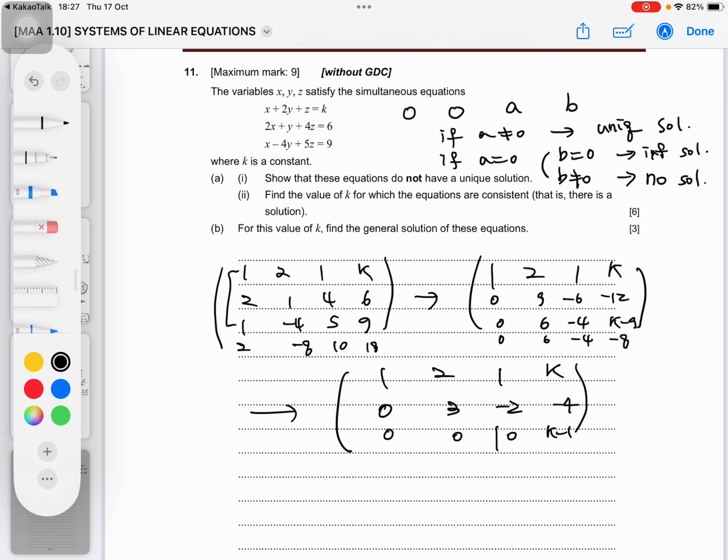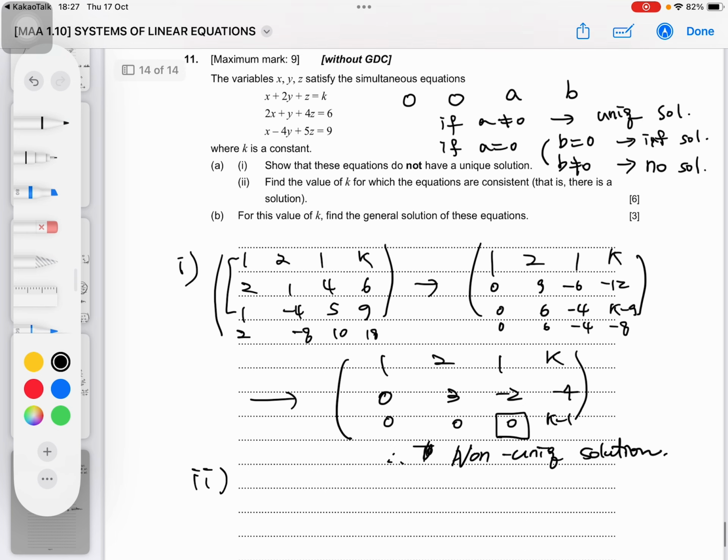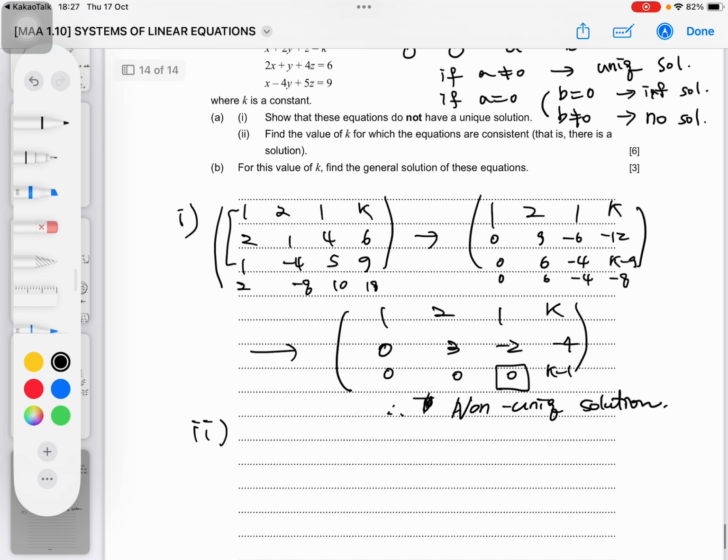Whatever it is, since this is 0, this simultaneous equation doesn't have a unique solution. Non-unique solution. And I find the value of k for which it is consistent. Consistent means it has a solution, like a unique solution or infinite solution.